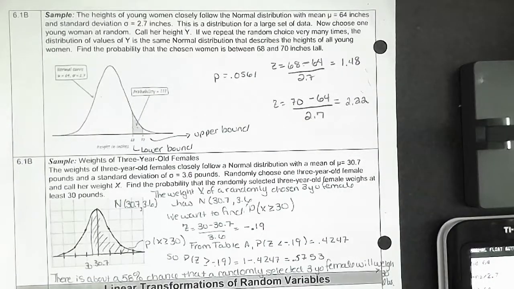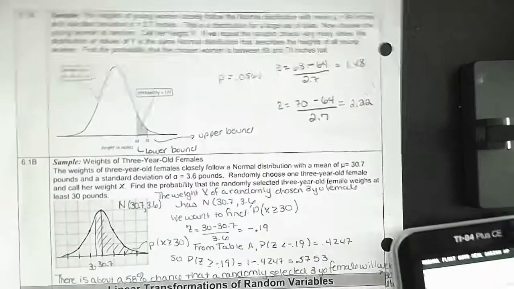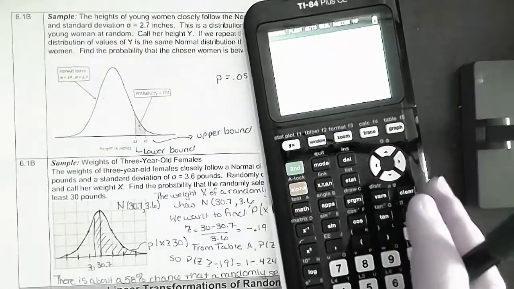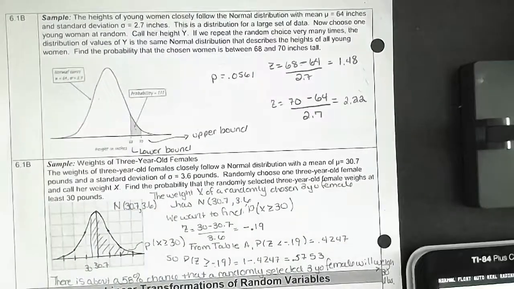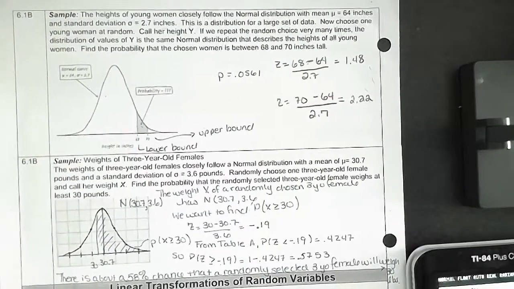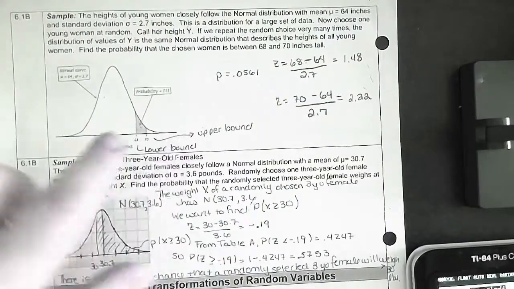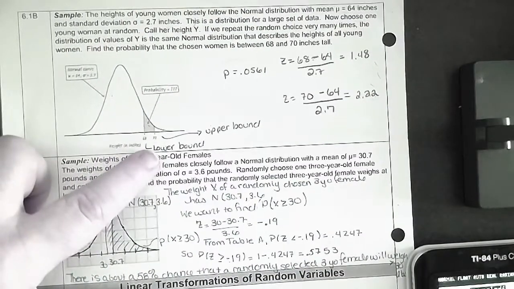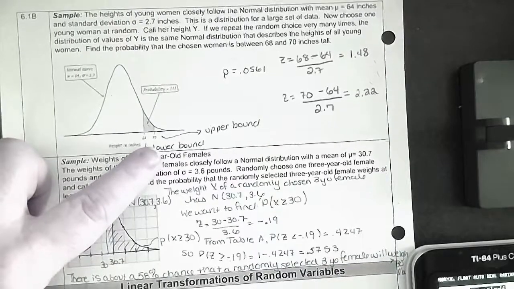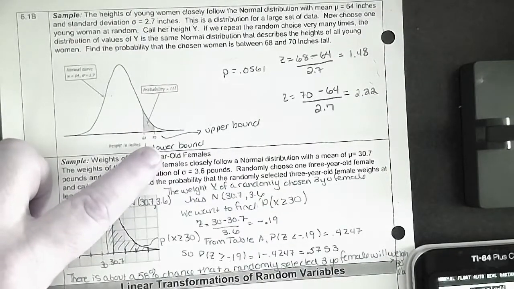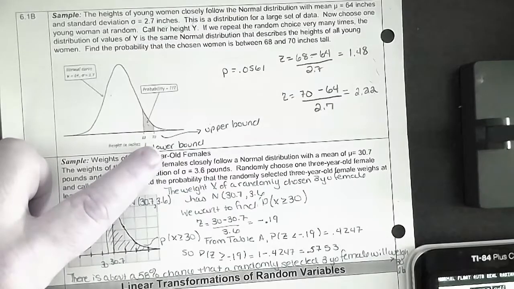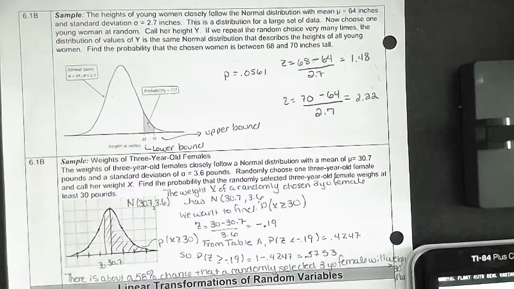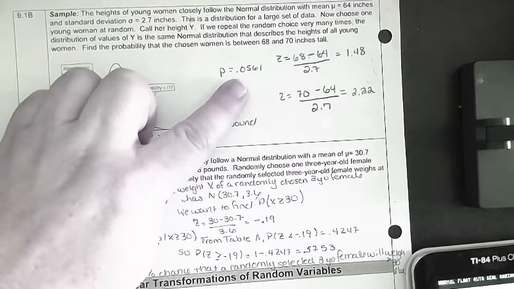Now, if I wanted to do this a different way, I could use my calculator, with second vars and normal CDF. My lower bound would be 68, my upper bound would be 70, my mean is what we've been told, which is 64, and my standard deviation is 2.7. If I enter that into my calculator, I get 0.0561, and that's exactly what I would get if I took the areas and took the difference.